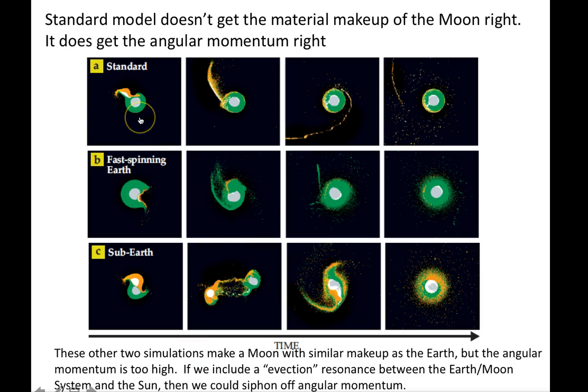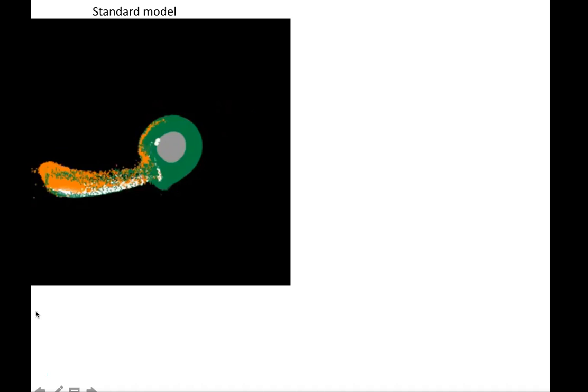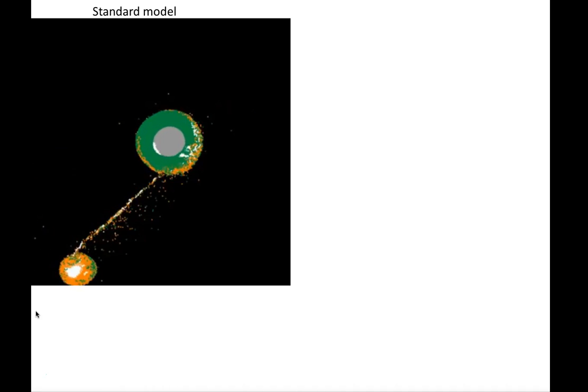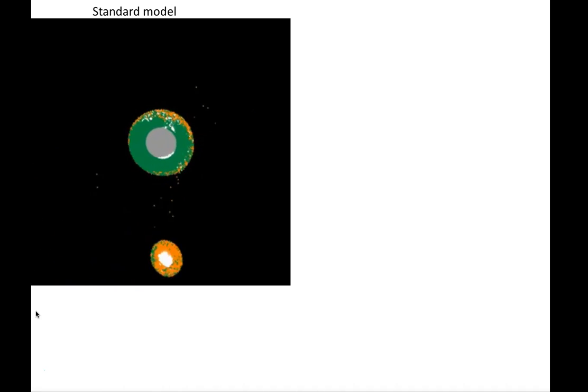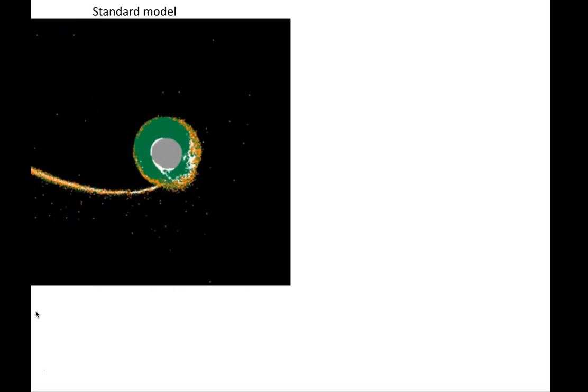Okay, what I want to show you now is some simulations showing three of these models, and this is the pictures associated with these, and I think the next chart will show us each one of these, hopefully. So here's the first one. This is the standard model. It's interesting. I didn't know it hit twice.